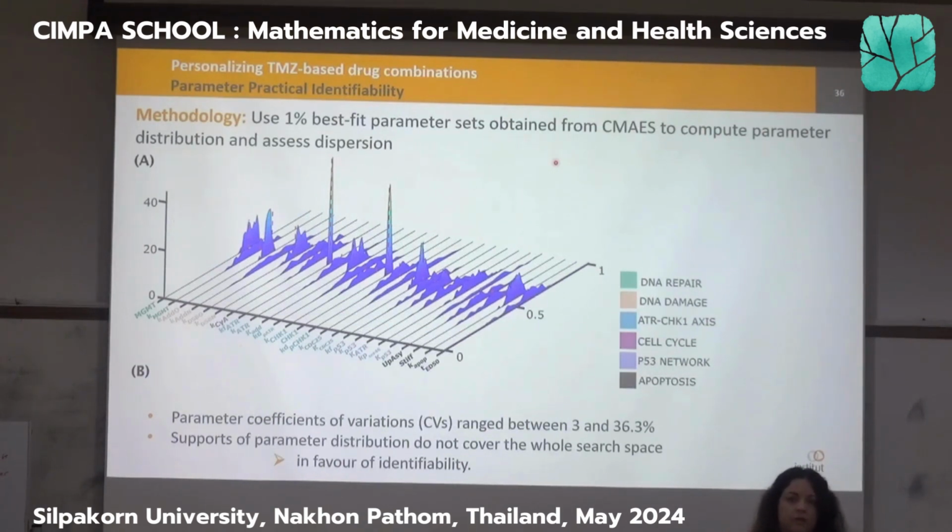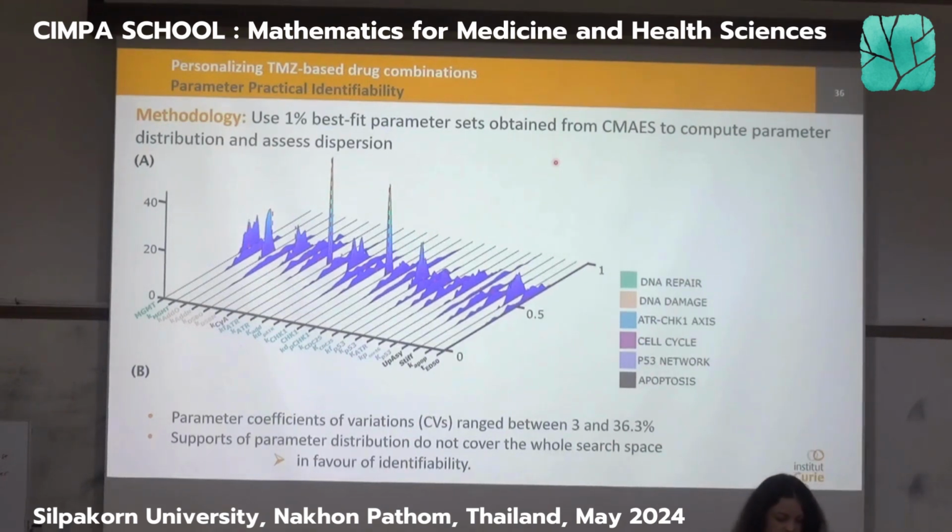When you run SIMPA, it will explore a lot of different parameter sets and compute your cost function, which is again the distance between your data and your model. Instead of just focusing on the optimal one, what you want to do is take the 1% best parameter sets. Of course this 1% is something that we have decided and it's to be discussed.